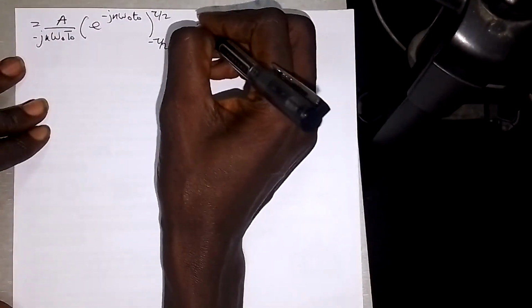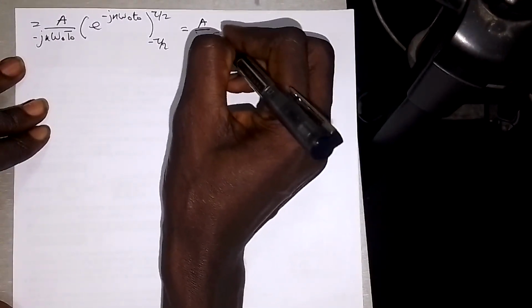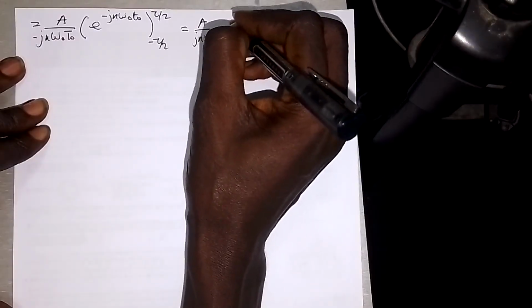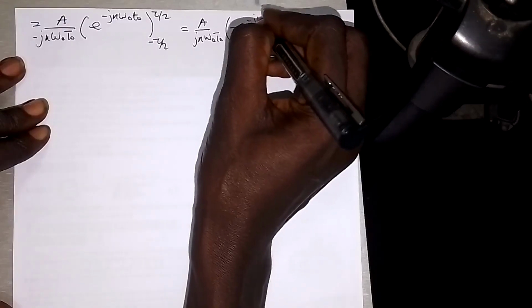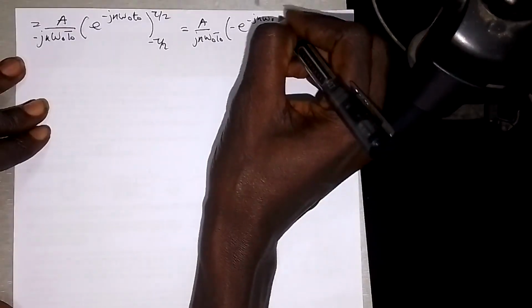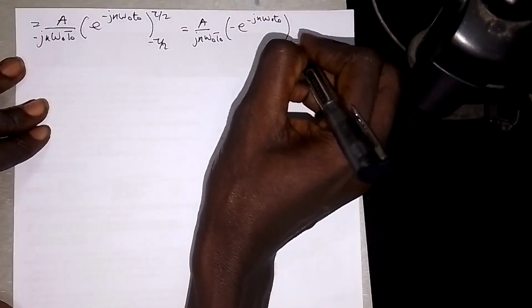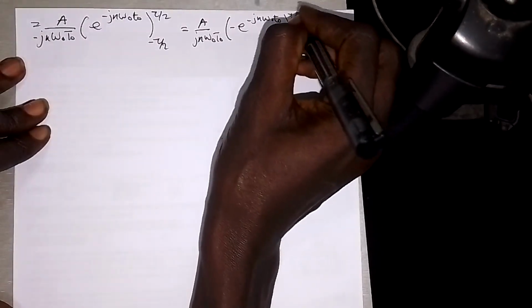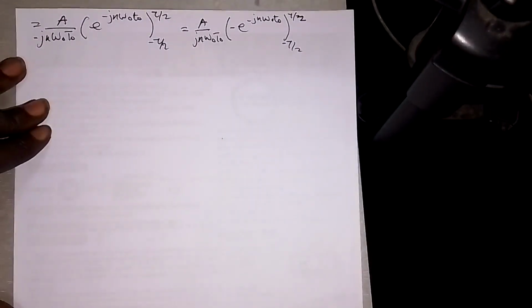Okay, so now what I want to do again is take this minus inside, so that I'll have A over j n omega naught into t naught, and then I'll have here minus e to the minus j n omega naught into t naught, with limits minus tau on 2 and tau on 2. Okay, so this is what I'll have.